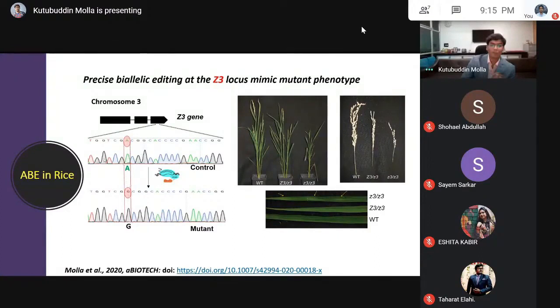You can compare that all the other peaks are not changed, only this one is changed. So this is also a targeted single letter change in the gene. Because of this base editing, we also got a similar dark green, light green phenotype, and other mutant phenotypes were also observed. So we could successfully edit two different loci, precisely changing a single letter in each gene.